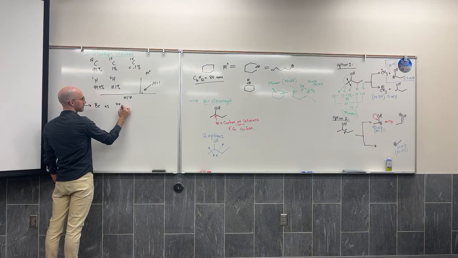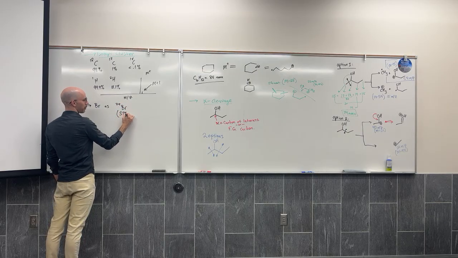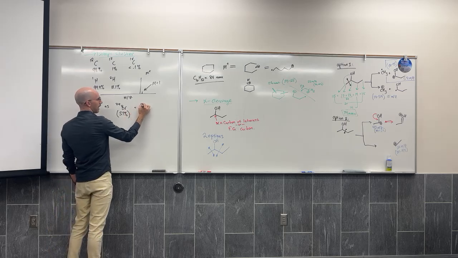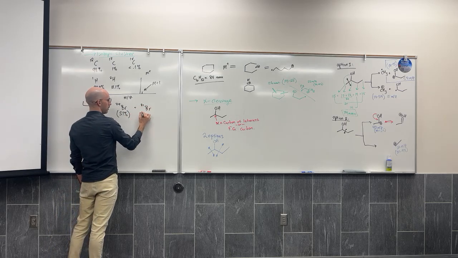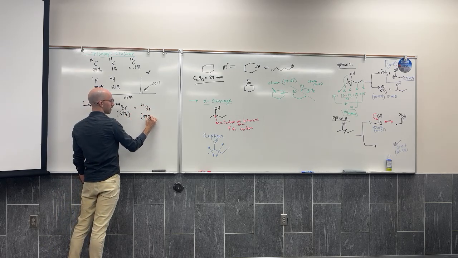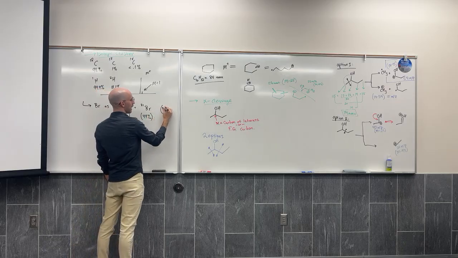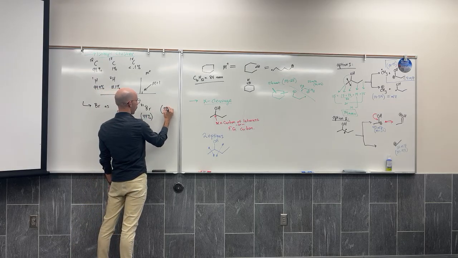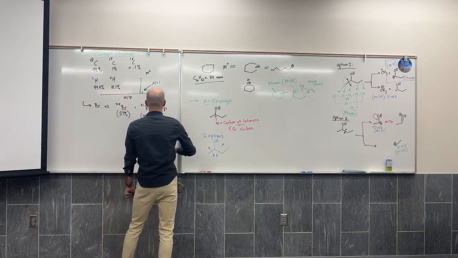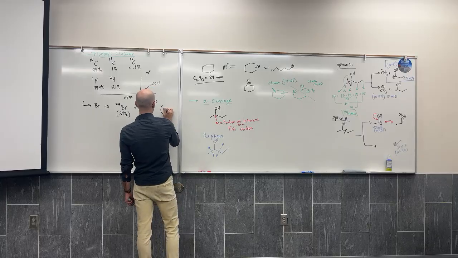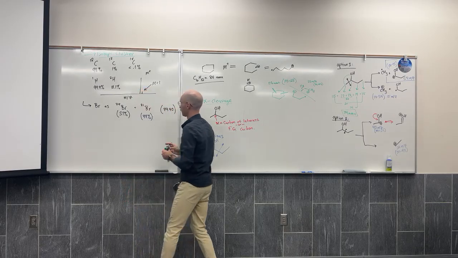Bromine exists as bromine 79, 51% of the time, and bromine 81, 49% of the time, which makes us think that bromine has an average atomic mass of 79.90.